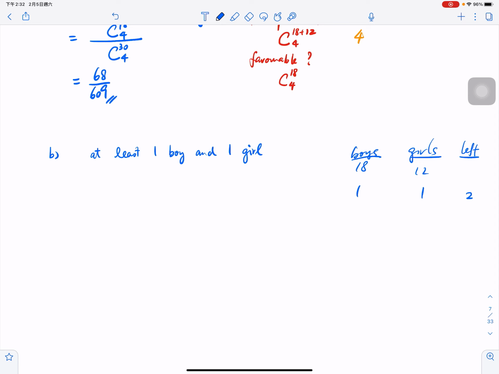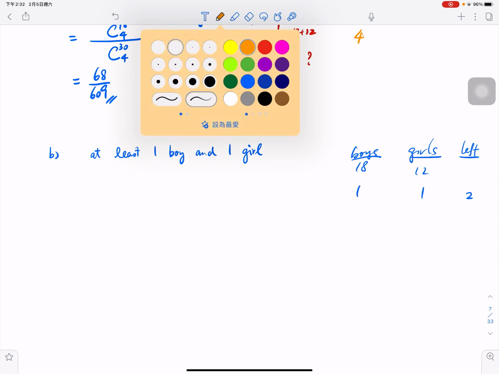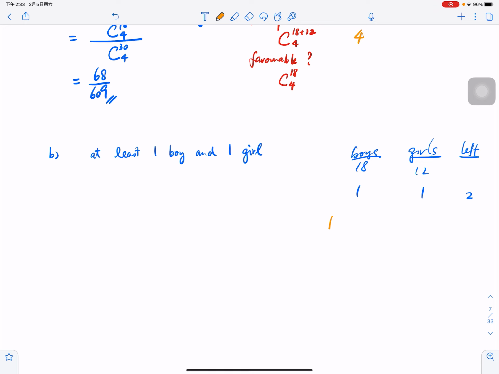You can think it as 1 boy, 3 girls, 2 boys, 2 girls, or 3 boys, 1 girl. You cannot choose all girls, you cannot choose all boys. So 4 students will have these 3 situations, right?